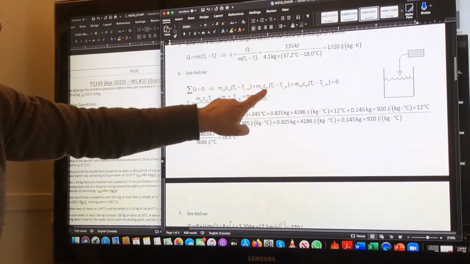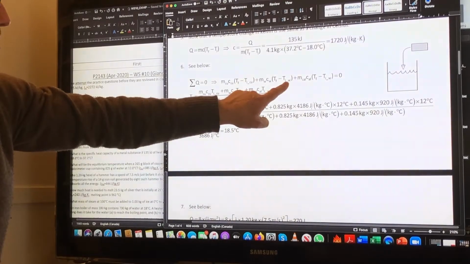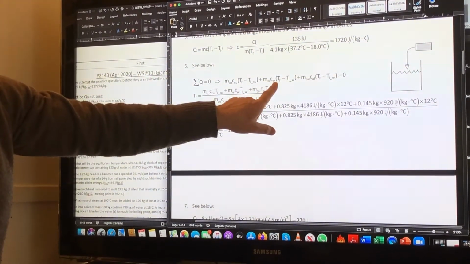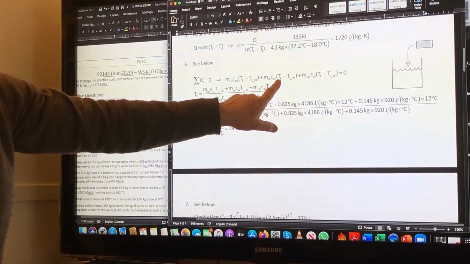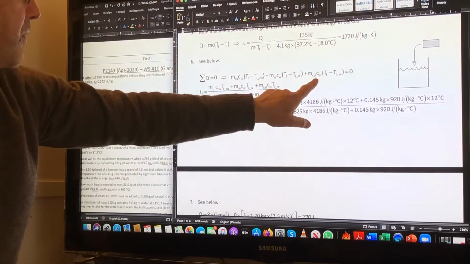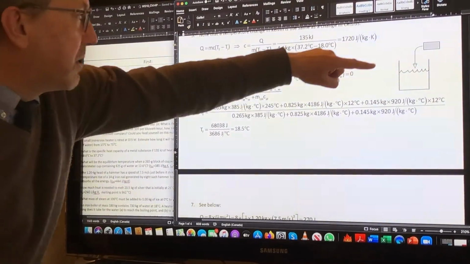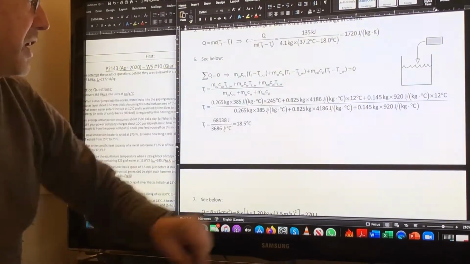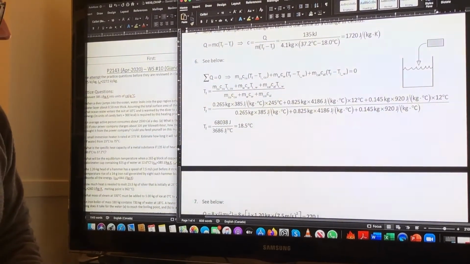And then we've got the water, final temperature minus the initial temperature. Well, the water gets warmer, so that term is positive. So that term is the heat flowing into the water. And similarly, this is the heat flowing into the calorimeter cup, the cup in which the water is contained. All of those heat flows have to add up to give me 0.